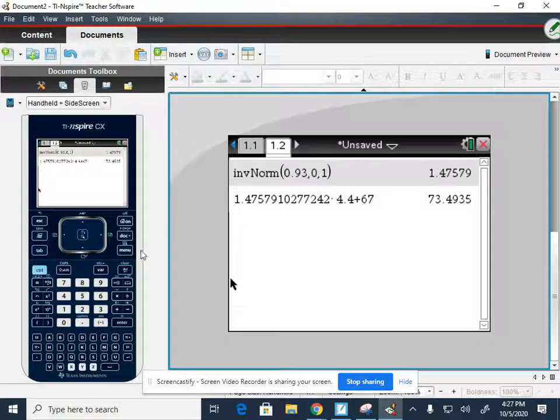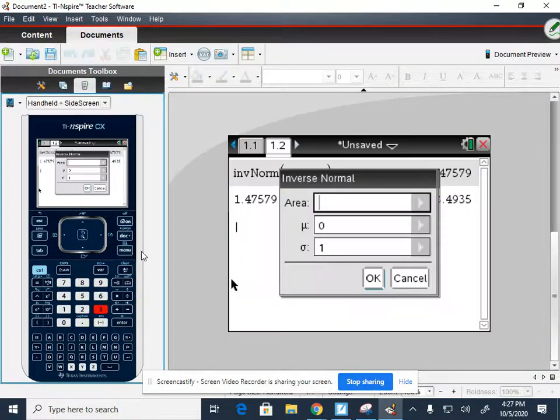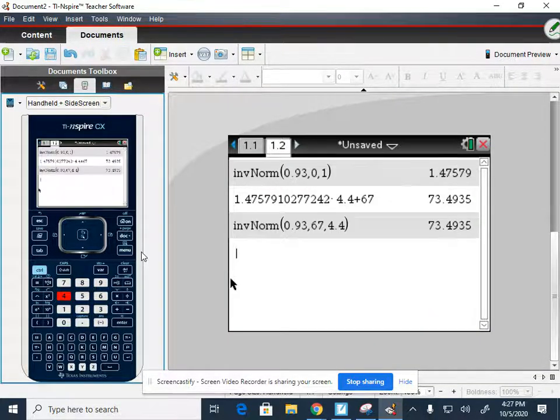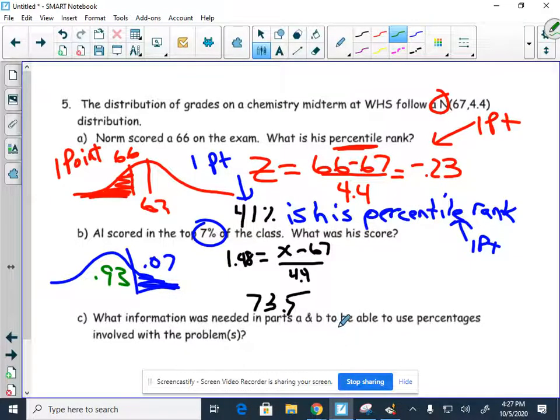Or you can do it this way, menu 653, and you can put the 93. If you use the 7%, you will get this thing wrong. Okay, you can put in the mean and the standard deviation. It'll do the math for you. It's still going to get us the same thing, especially if we don't round. So 73.5.